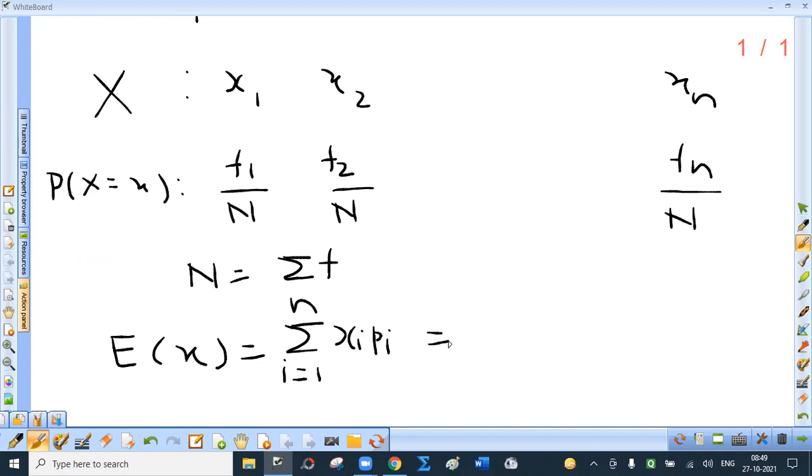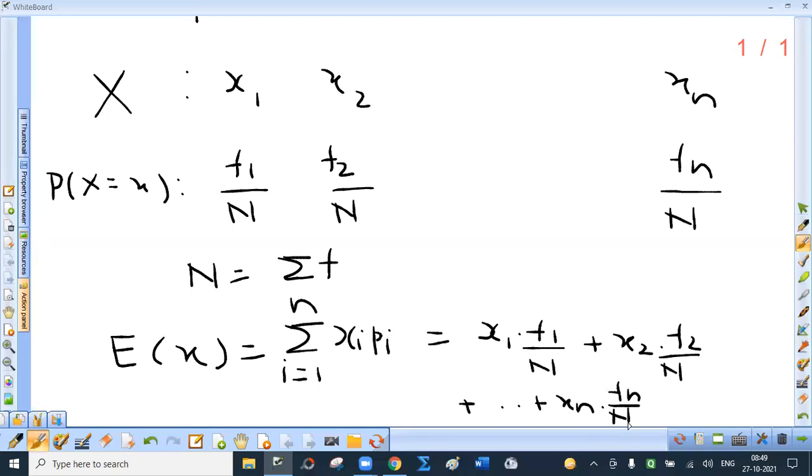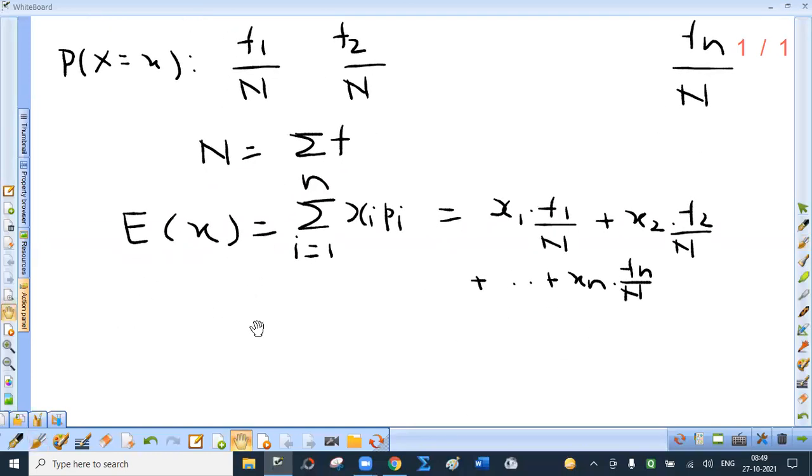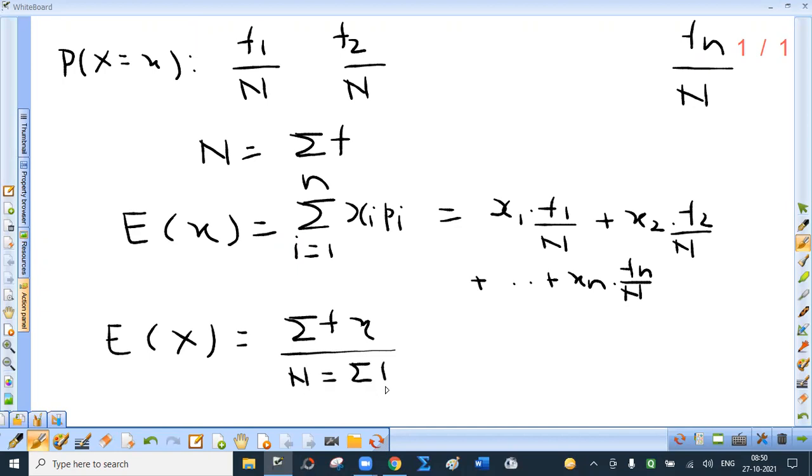So this is nothing but x1 into f1 upon N plus x2 into f2 upon N till xn into fn upon N. Now I can write this as expected value equal to sigma fx upon capital N. Actually, I should write sigma fi xi, i goes from 1 to n. What is capital N? It is nothing but sigma f.